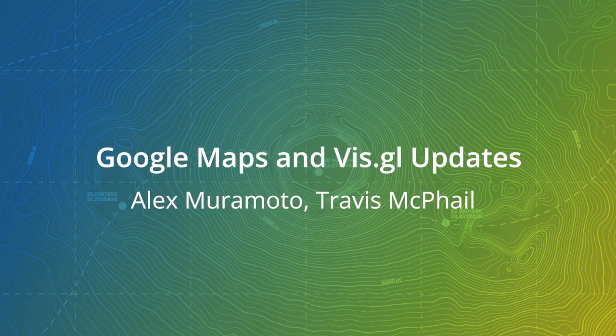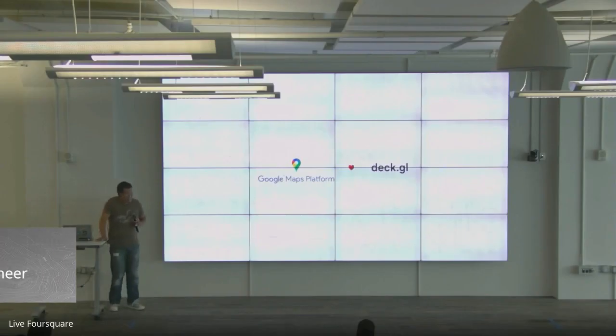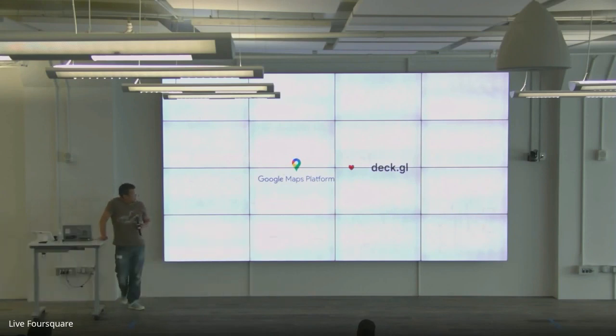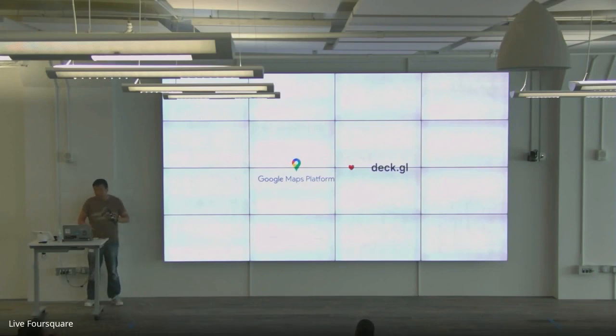Right, here we go. So it's no secret, I think, that Google Maps Platform loves DeckGL. I actually want to start by once again thanking this community for using the Maps JavaScript API with DeckGL.